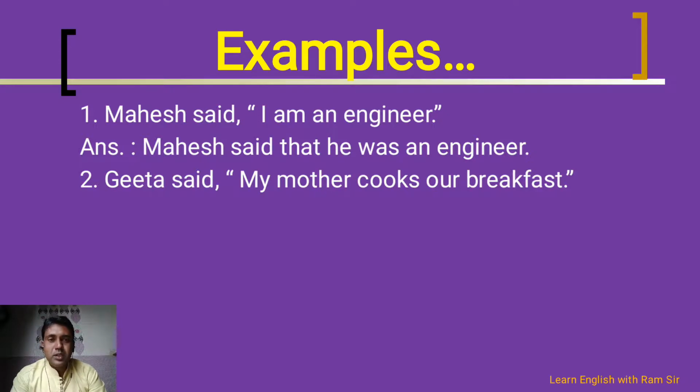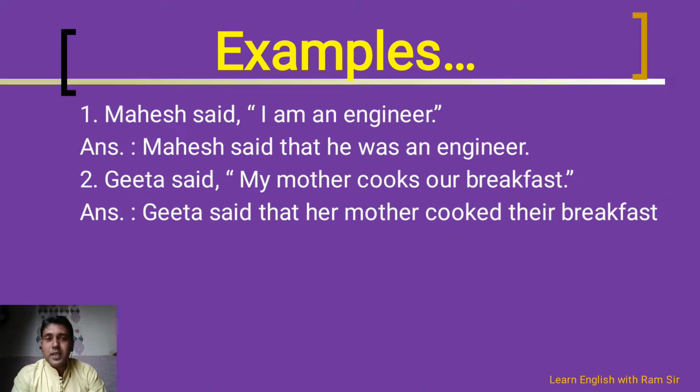So her mother cooked. Here we have our will be converted into their. So my mother cooked, her mother cooked their breakfast. So the answer will be like this. Geeta said that her mother cooked their breakfast. So the simple present tense now converted into simple past. So in this way you have to use the three magical rules to solve the examples of assertive sentence.